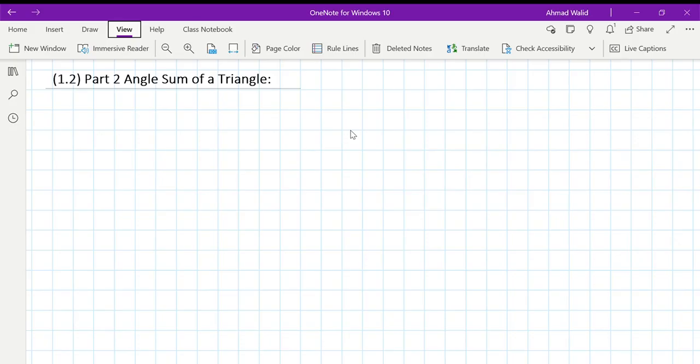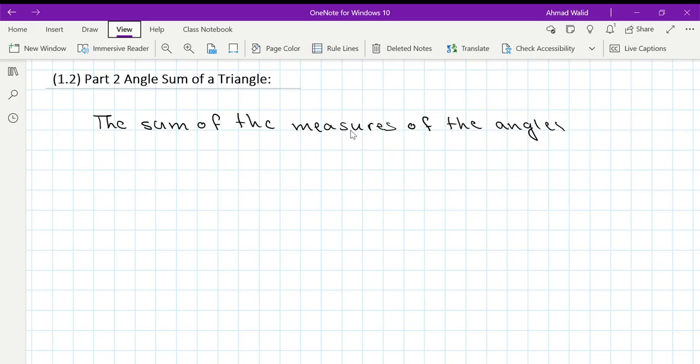First, to know the sum of the measures of the angles of any triangle.